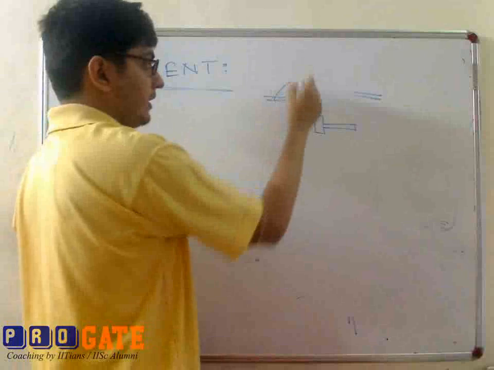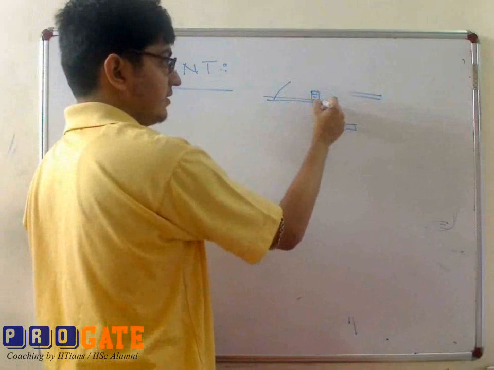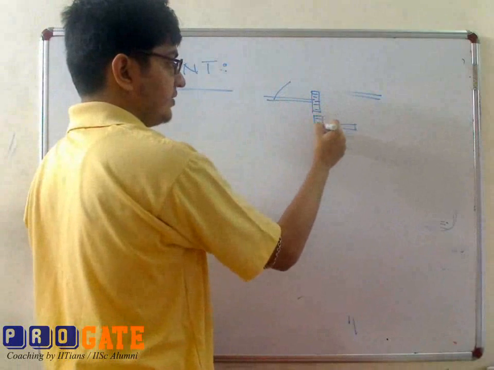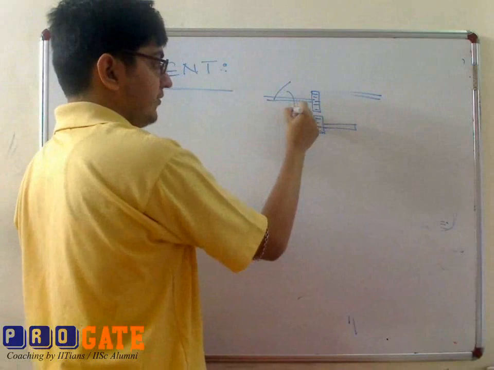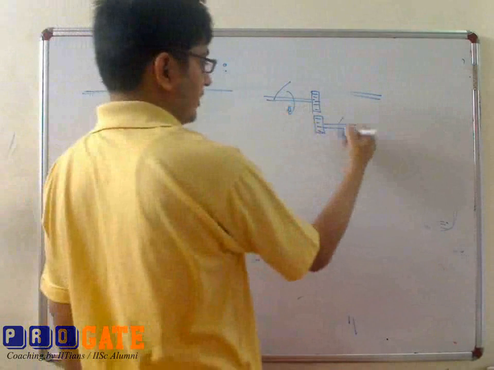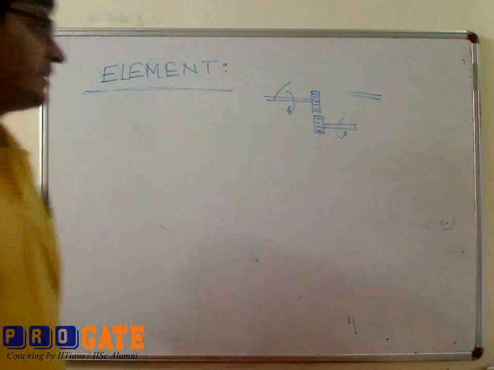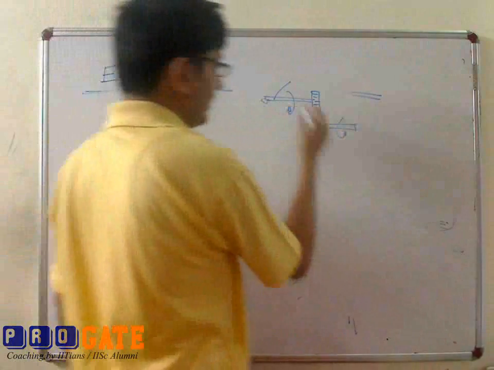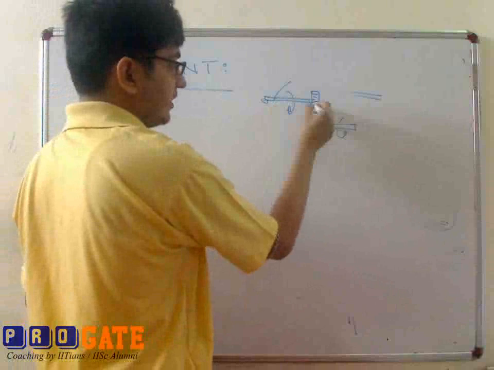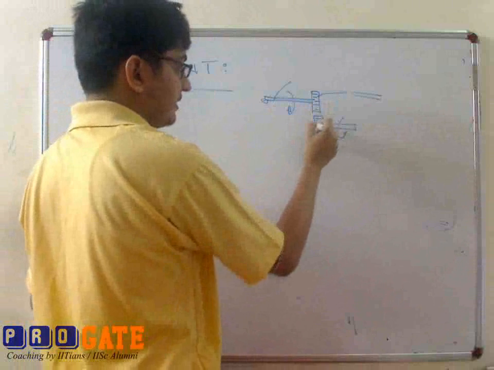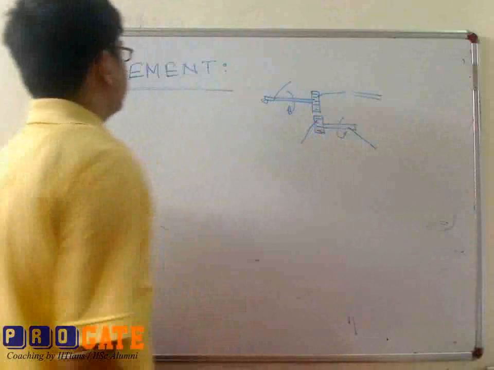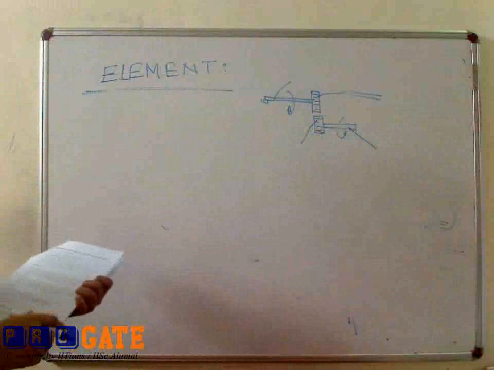This is one gear, this is the second gear. If there is rotational motion, it is transferred to the second gear. So this is a gear train mechanism, a simple mechanism. Each element, this shaft, this gear, this second gear, this second shaft, is known as an element.